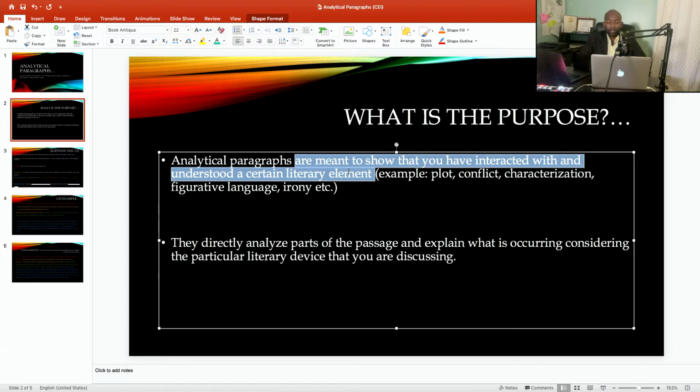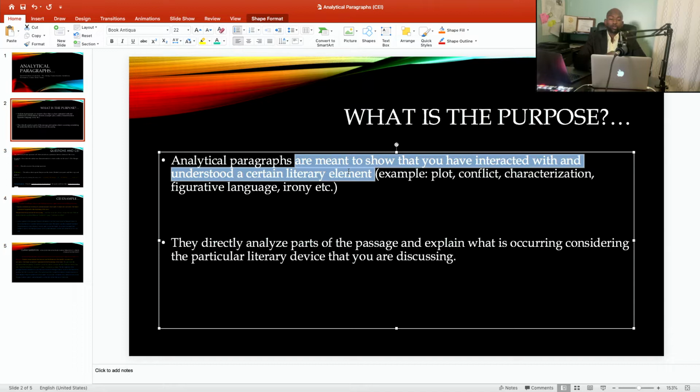And I tell students this: just like a math teacher wants to know that you can analyze and that you can calculate and that you can use formulas and steps, that kind of thing, just like a math teacher wants to see that you can do those things, an English teacher wants to see that you have interacted with the literary work and have noticed and recognized literary components inside the literary work.